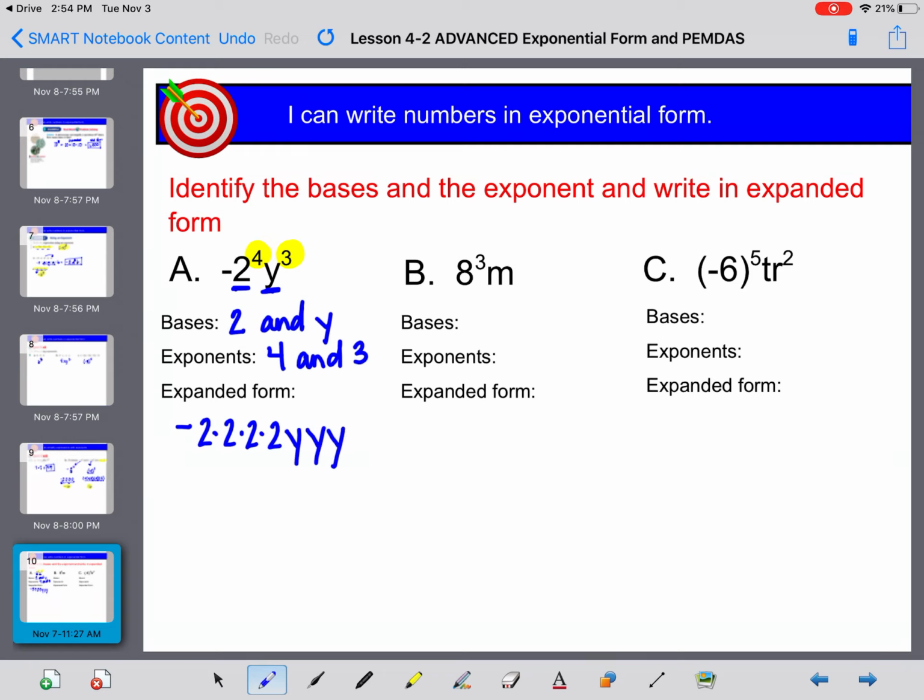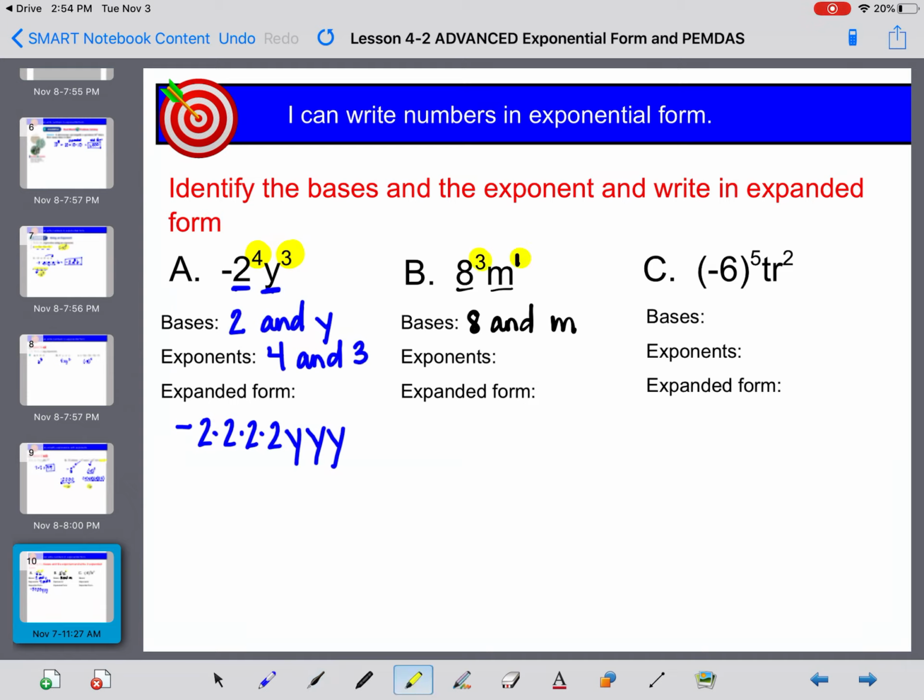So here is my proper expanded form. In the next problem, my base is 8. My other base is m. But you might say, well, m doesn't have an exponent. But remember, back at the very first page, if there is a variable and no exponent is written, the exponent is understood to be 1.